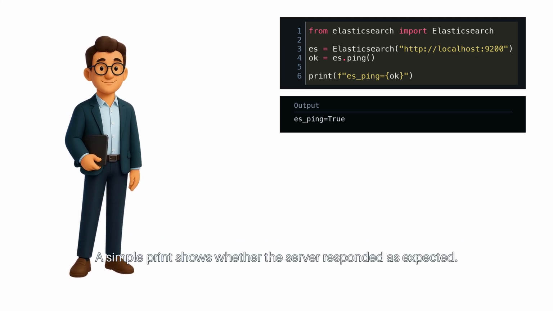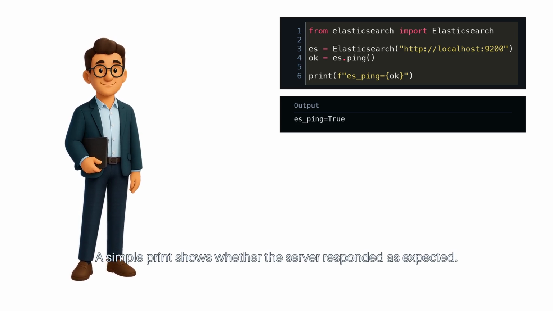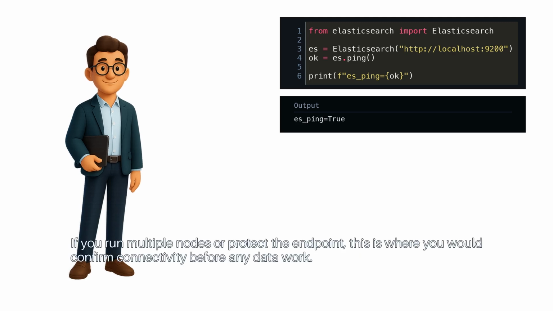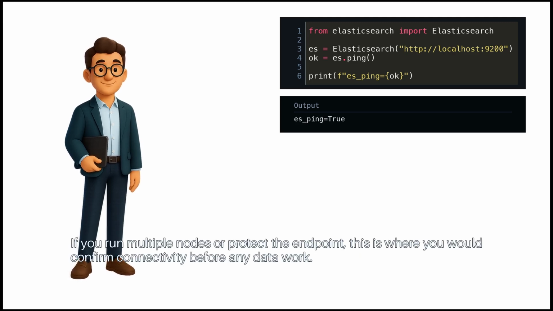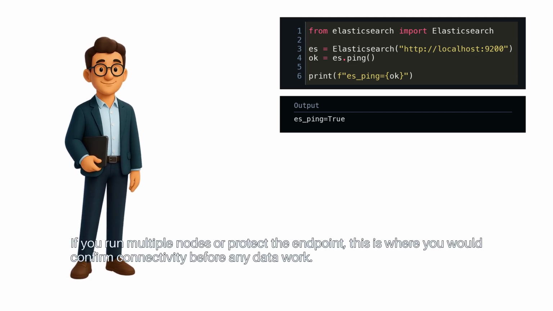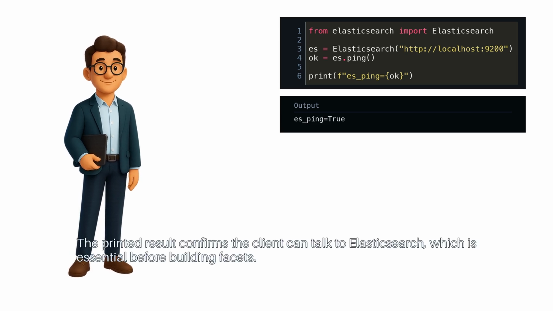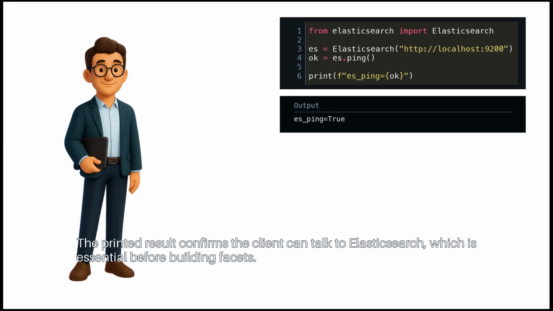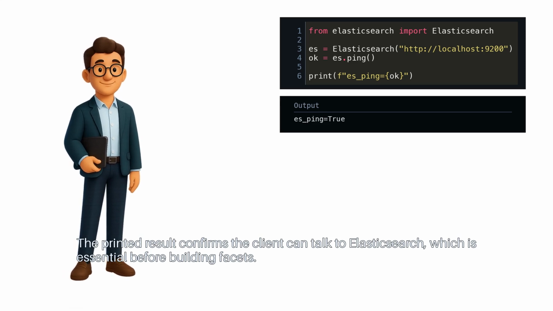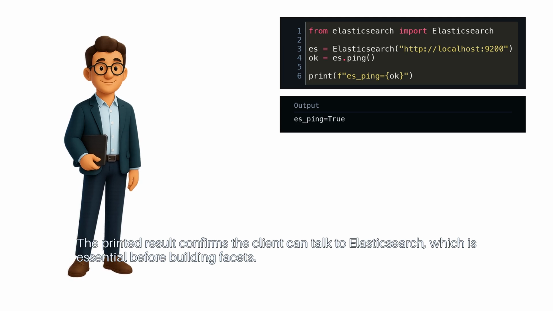A simple print shows whether the server responded as expected. If you run multiple nodes or protect the endpoint, this is where you would confirm connectivity before any data work. The printed result confirms the client can talk to Elasticsearch, which is essential before building facets.